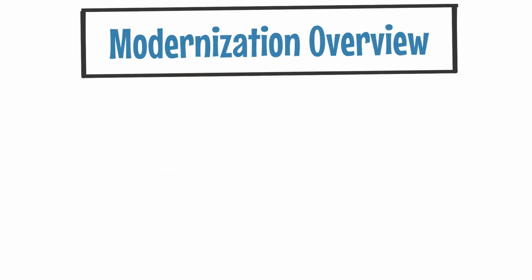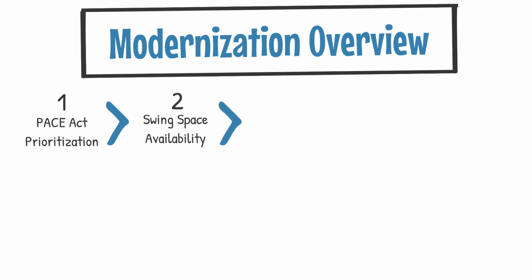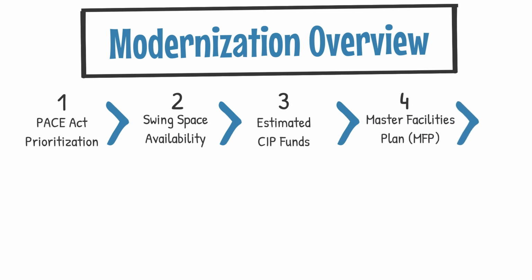Once school buildings are prioritized based on the PACE Act, DCPS then looks to see if a temporary school location, which we call a swing space, is available for the prioritized school to use during construction. If a swing space is available, we then begin to estimate the cost of the project to see how much funding is required from the CIP.